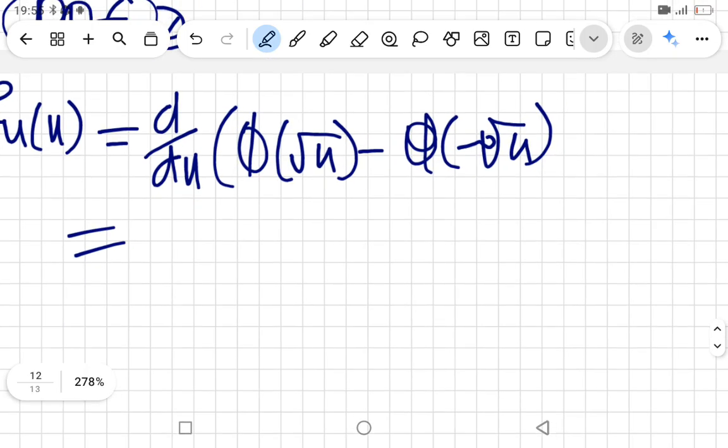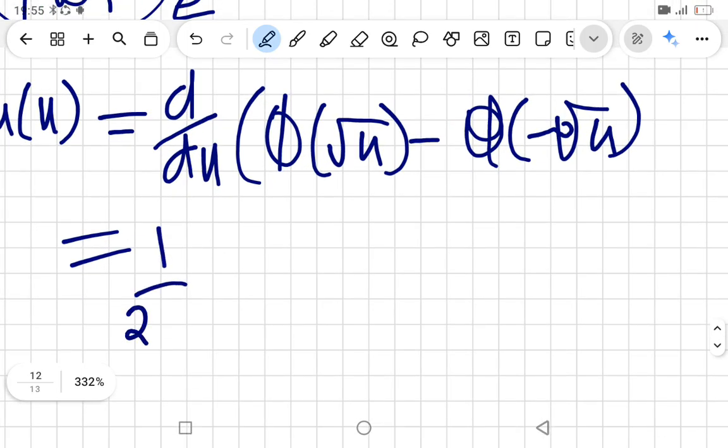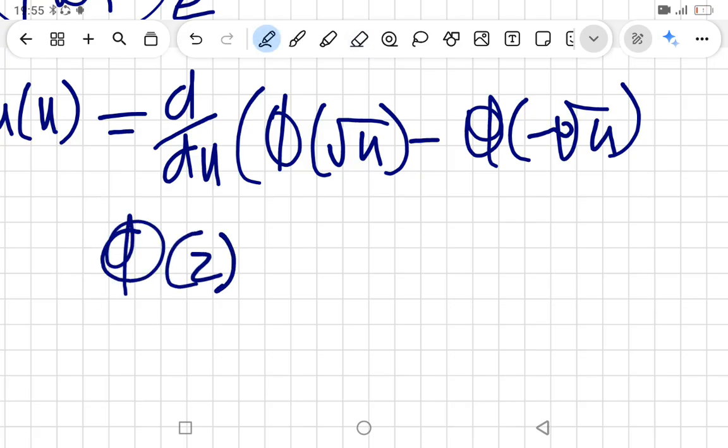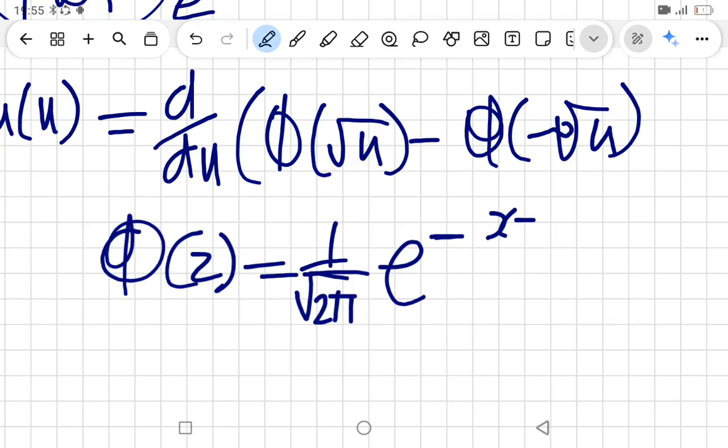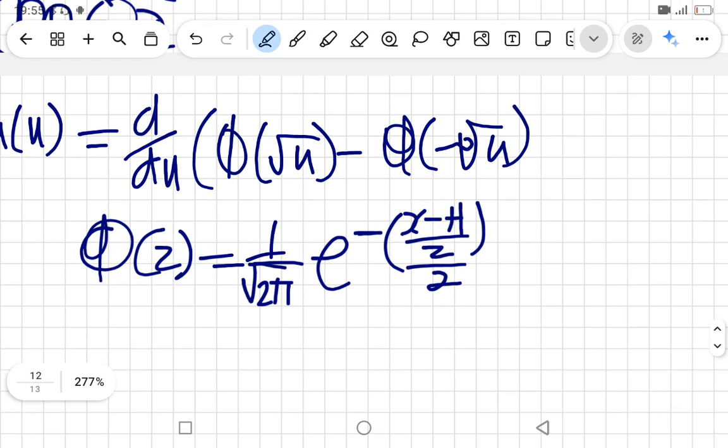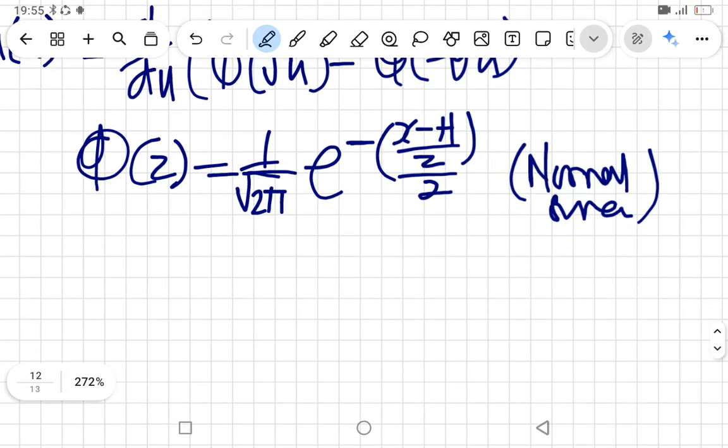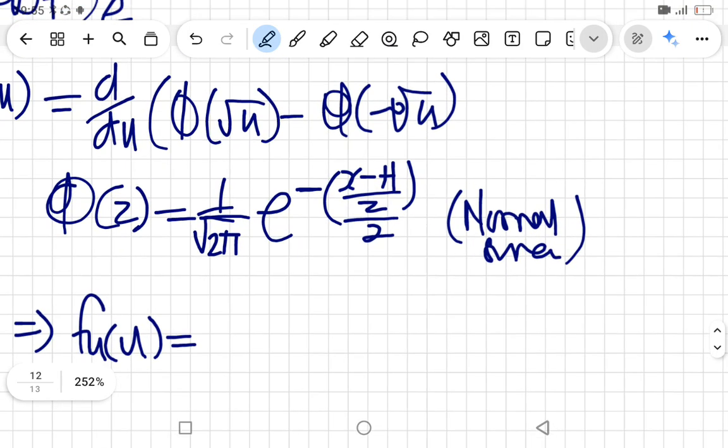And then this will be equal to 1 over root of 2 pi e to the negative x minus mu over sigma squared all over 2 in general, by the normal distribution function. So now this will imply that f of U will be equal to, then we differentiate this.